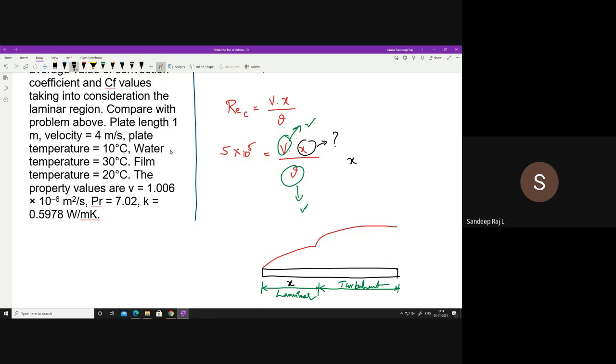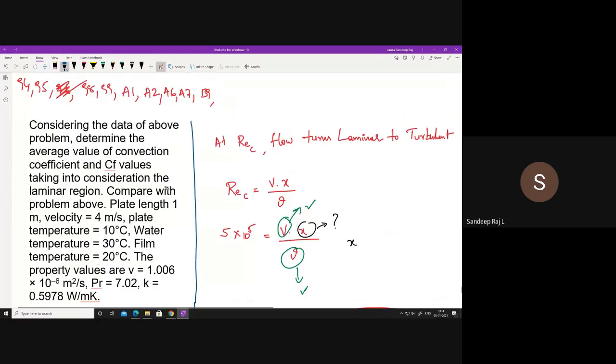So that's the thing you should have in mind while solving some problems, especially this particular problem is of that kind. Let's look at this problem. It is a problem based on the above problem that we have already solved.